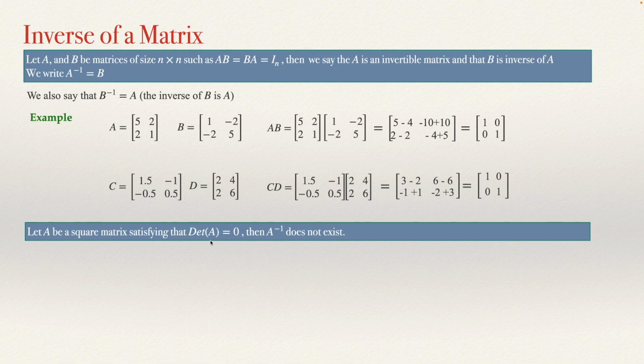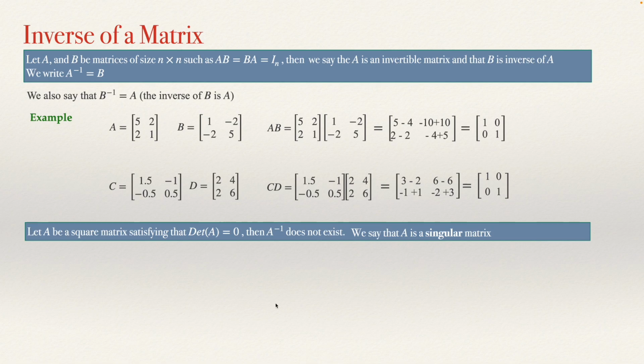Anytime the determinant of the matrix is 0, the inverse does not exist. And we call these matrices singular matrices. We say that A is a singular matrix, it doesn't have an inverse, or in other words, the determinant of the matrix is 0.